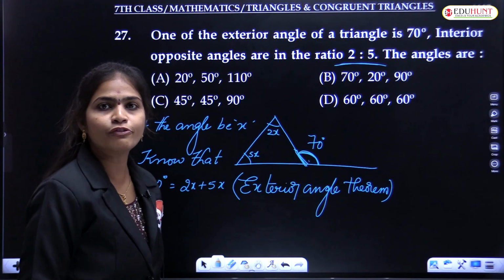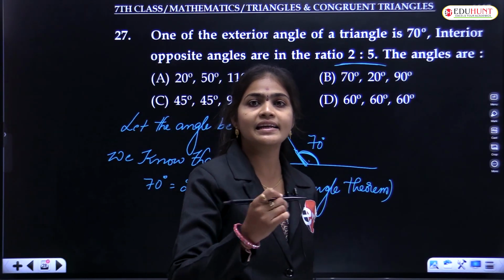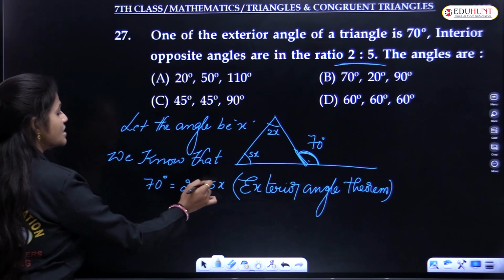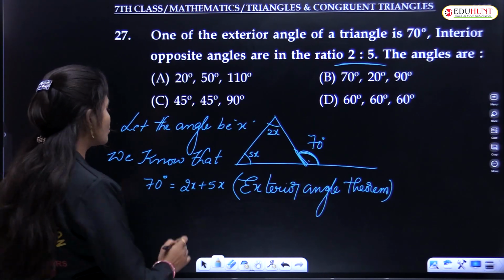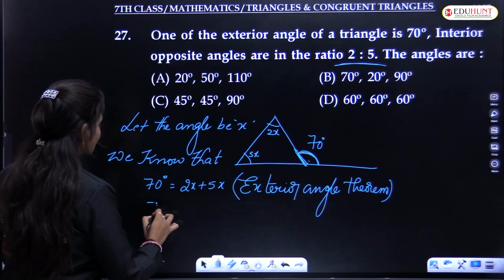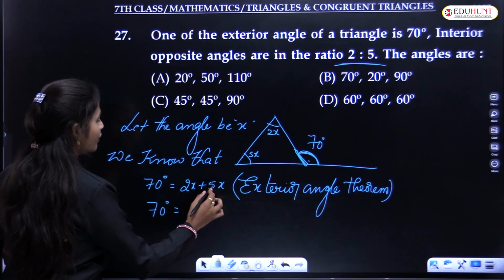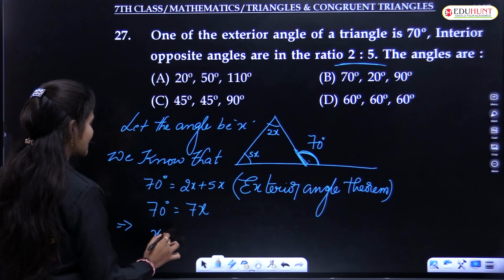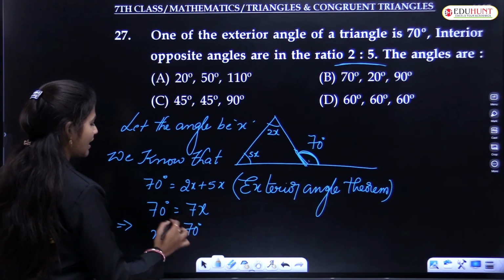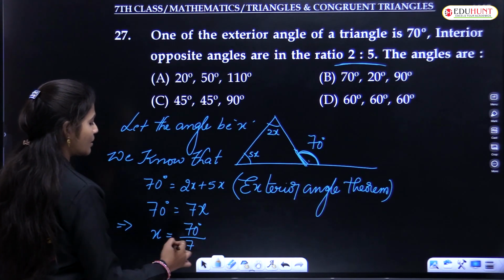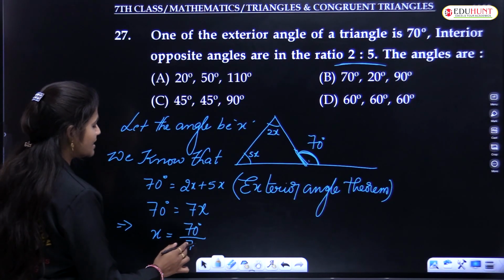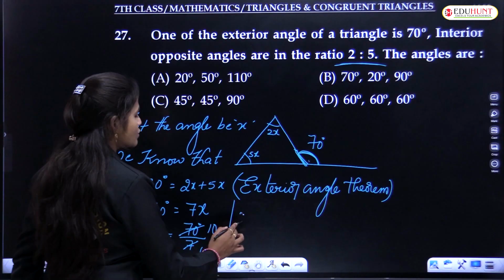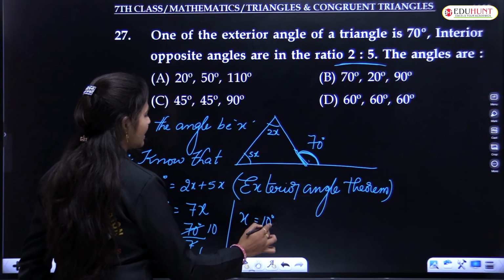An exterior angle of a triangle is equal to the sum of its interior opposite angles. So here 70 degrees is equal to 5x plus 2x, which is 7x. So from this, x is equal to 70, and multiplication becomes division, no? So that's why it is divided by 7. 7 ones are 7 and 7 tens are 70. So here x is equal to 10 degrees.